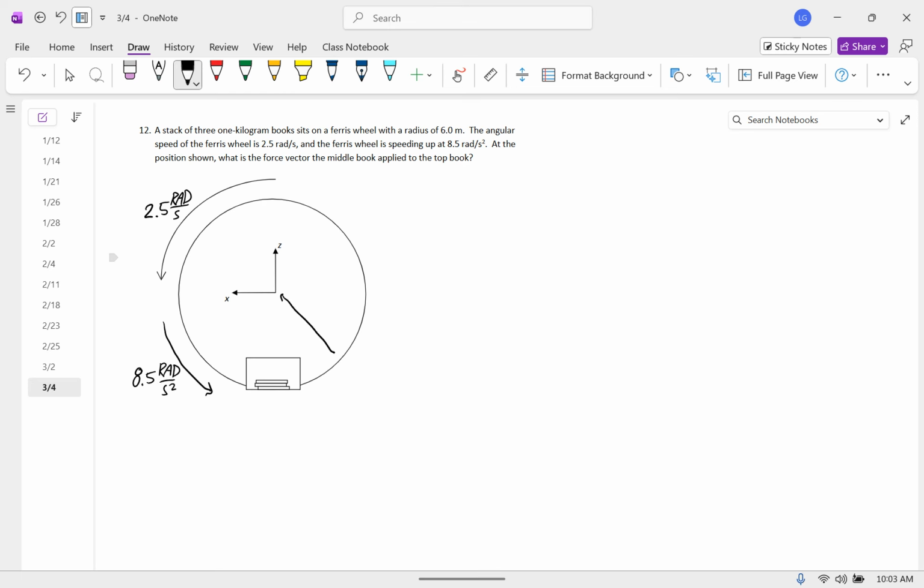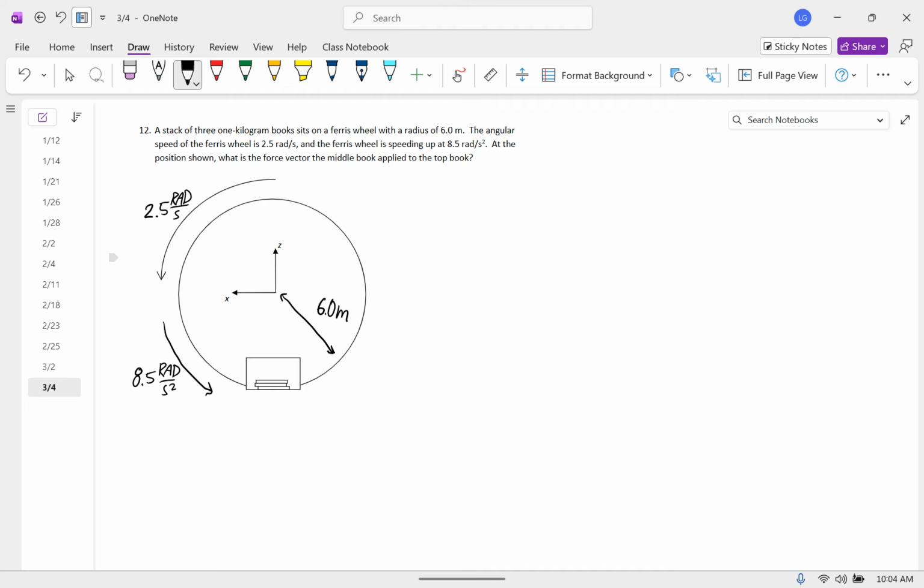And the radius is 6 meters. And so let's figure out the acceleration first, and then we'll go into Newton's second law, Newton's third law, and everything else.